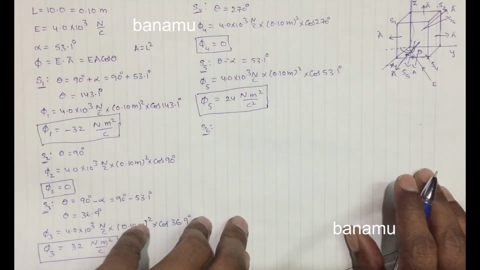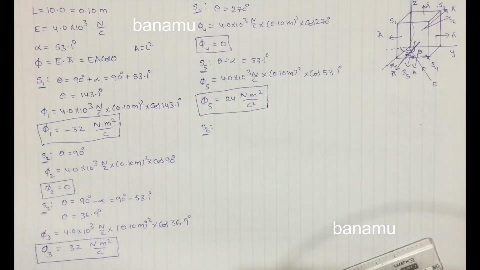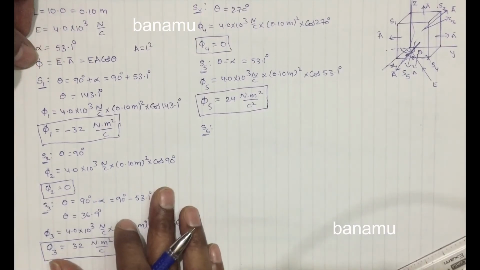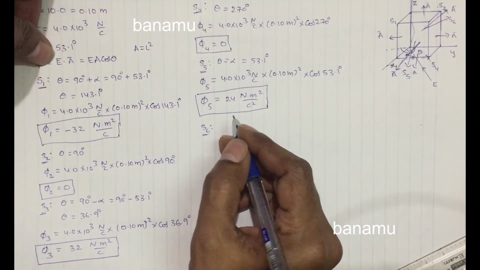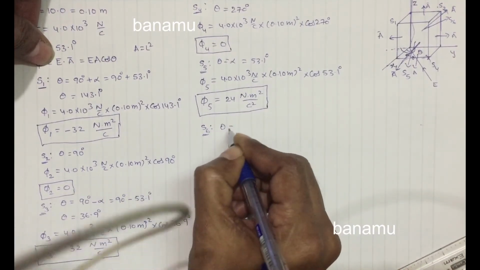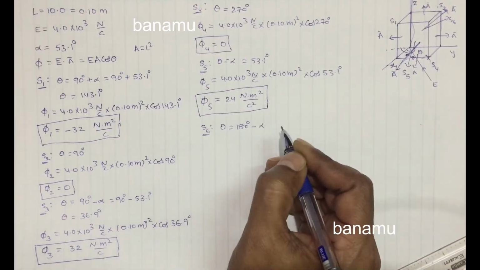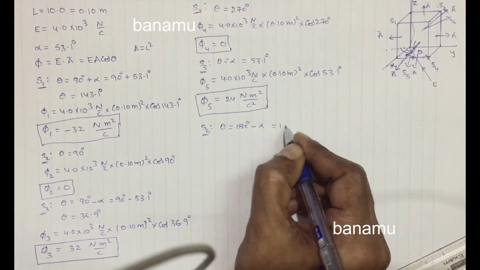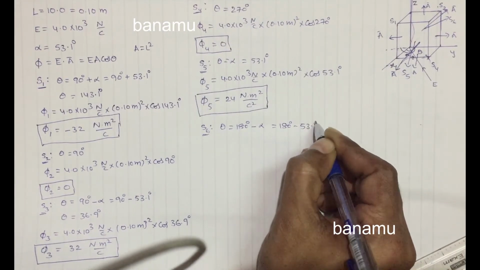So the angle between the negative x axis and the electric field is theta, equal to 180 degrees minus alpha, which is 180 degrees minus 53.1 degrees.